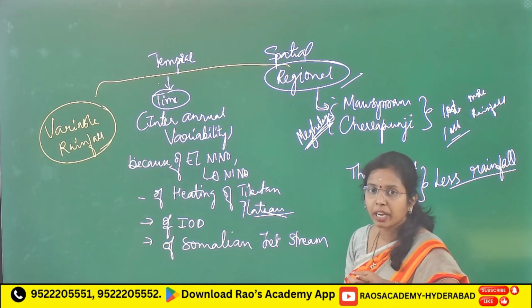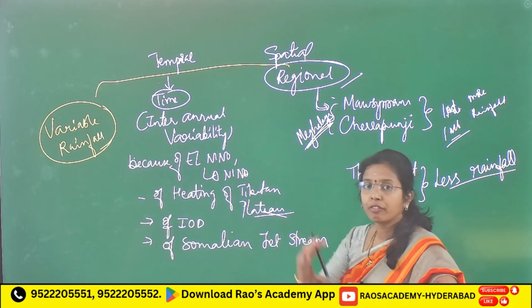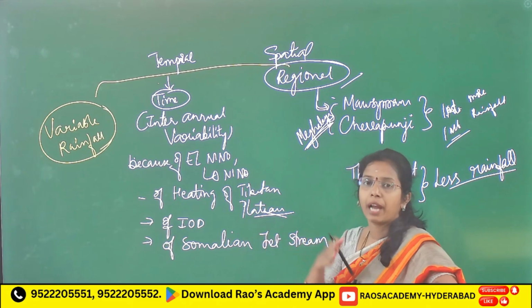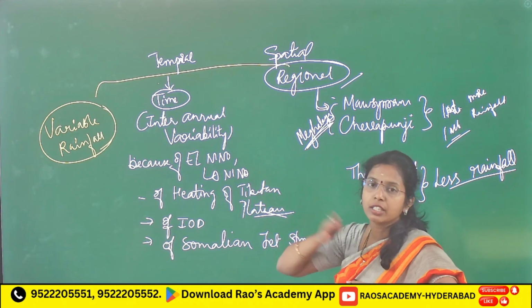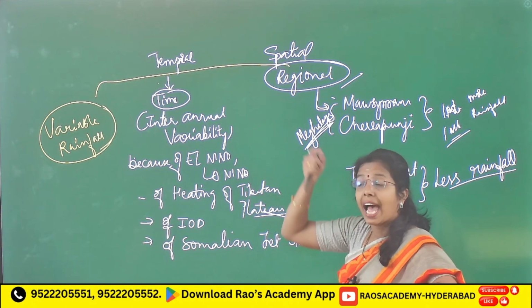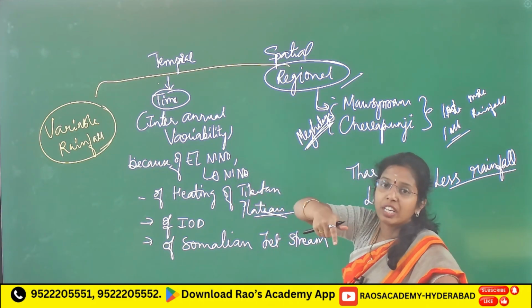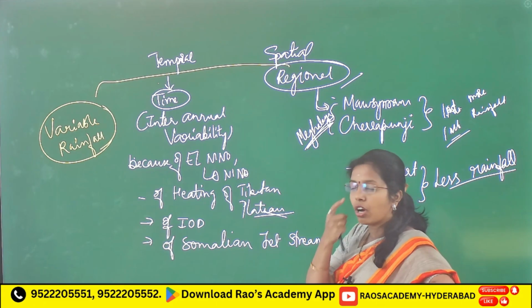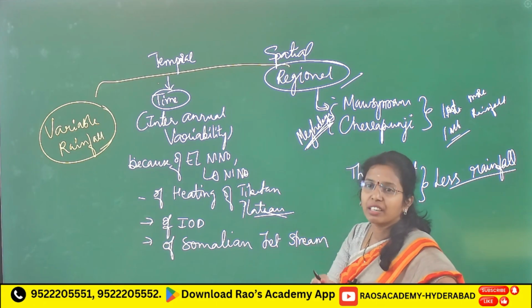Why will we see spatial variation? Because of the movement of the southwest monsoon, the branch which goes towards the northeast first moves towards the northeast, and by the time it reaches the west side all the moisture is lost, leaving dry winds and less rainfall.